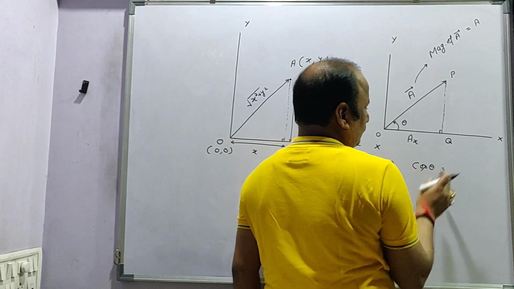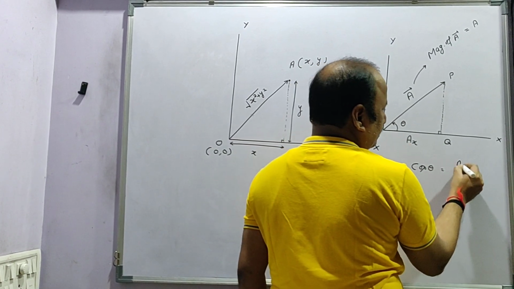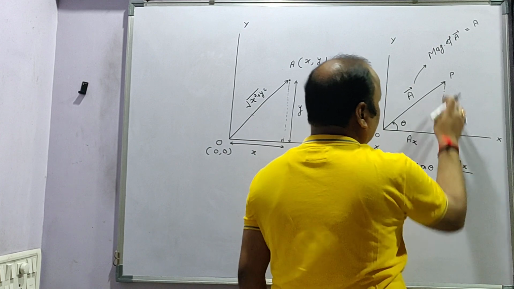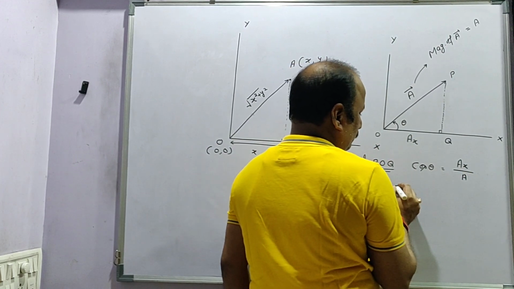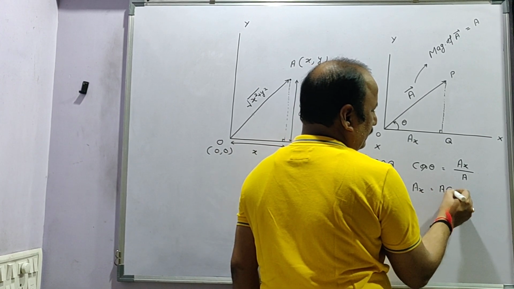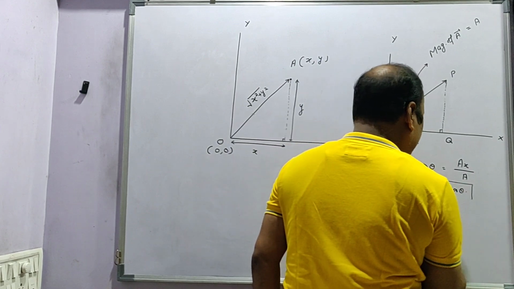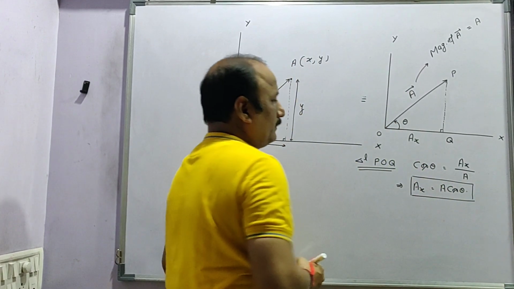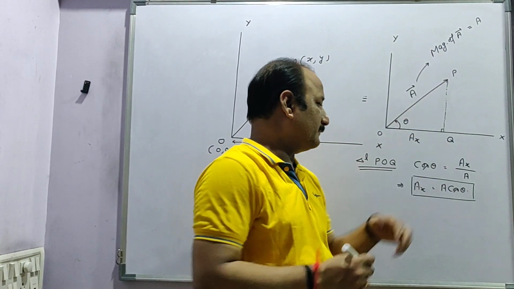So we can write cos theta is equal to base, meaning Ax, upon the length of this vector, that is A. So Ax is equal to A cos theta, and this is the horizontal component of vector A along the x-axis.